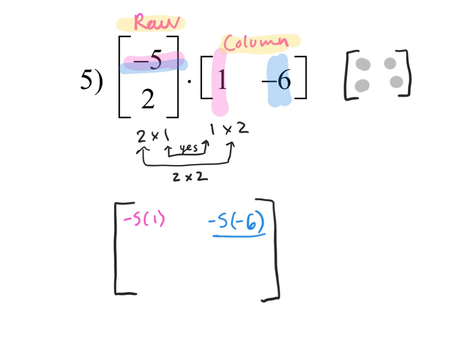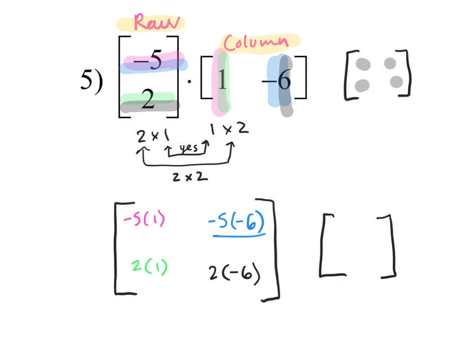Where do we go next? Second row, first column. So what do we multiply next? 2 times 1. And then what's last? 2 times -6. Now we just got to work out the math of all of these.